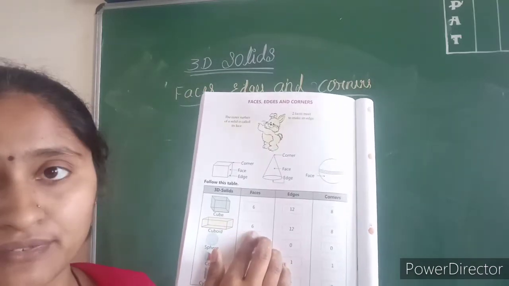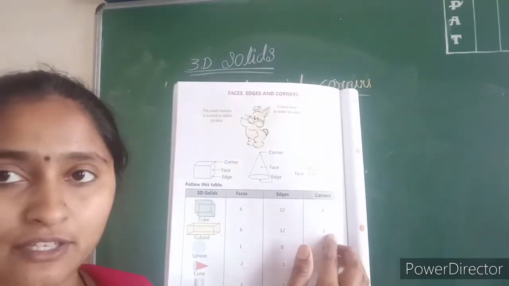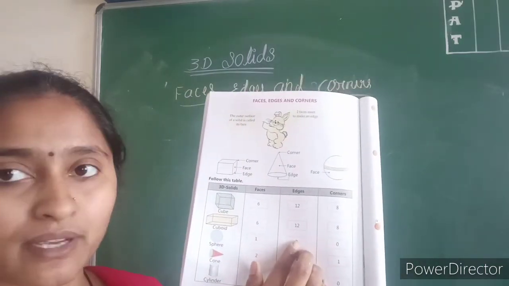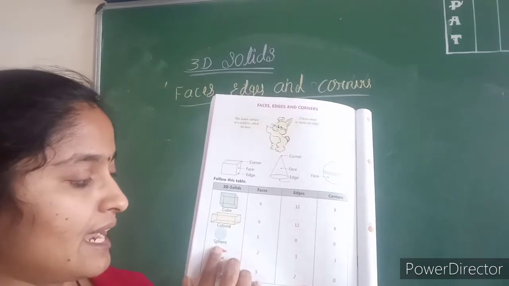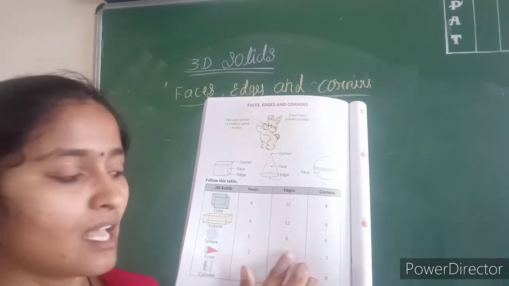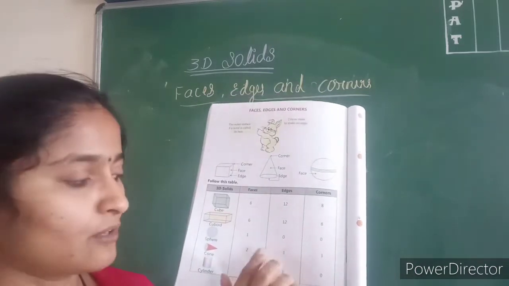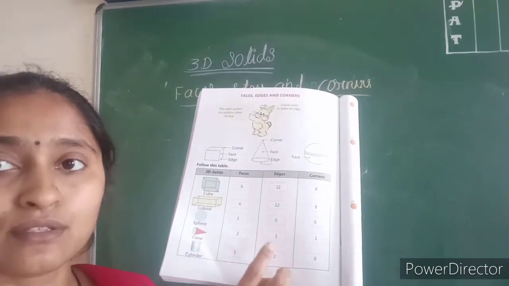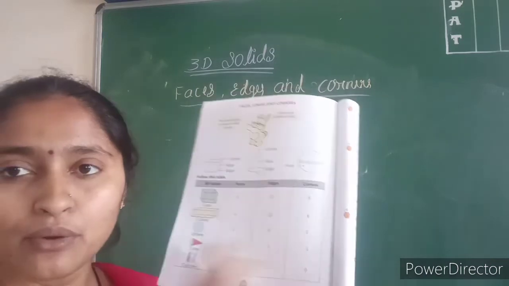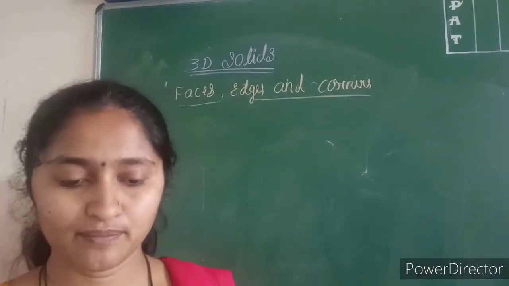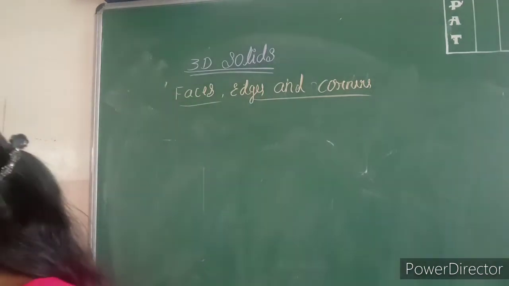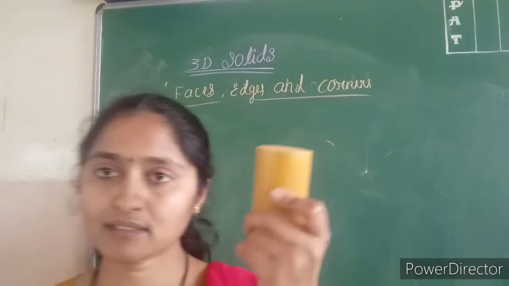Cuboid has 6 faces, 12 edges, 8 corners. Sphere, 1 face, 0 edges, 0 corners. And cone has 2 faces, 1 edge and 1 corner. And a cylinder has 3 faces, 2 edges but no corners. Okay. So now the examples for cylinder.